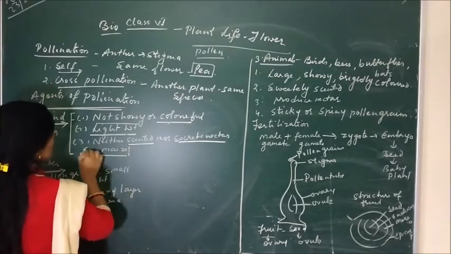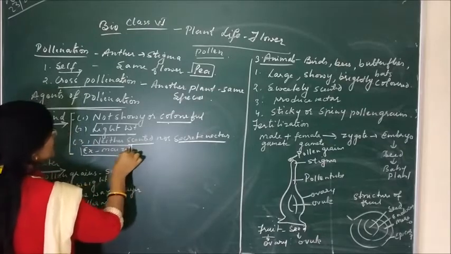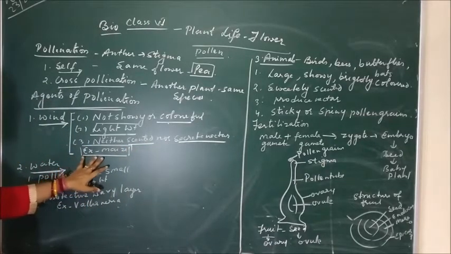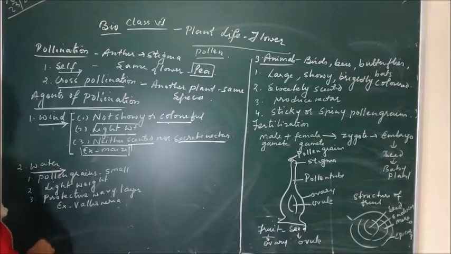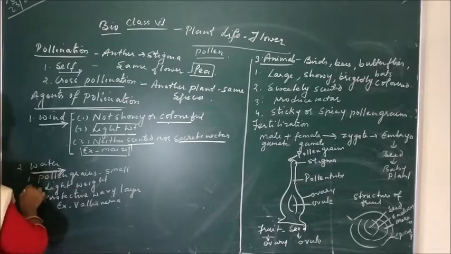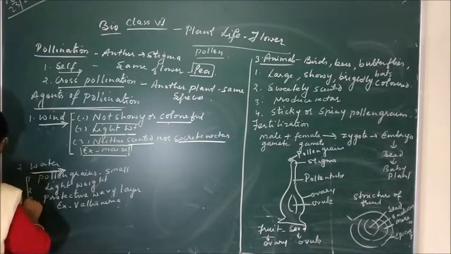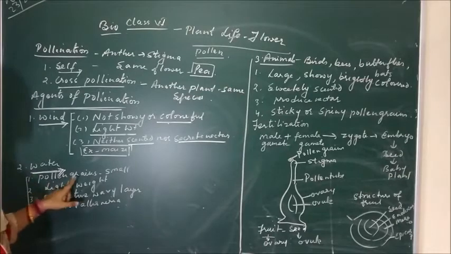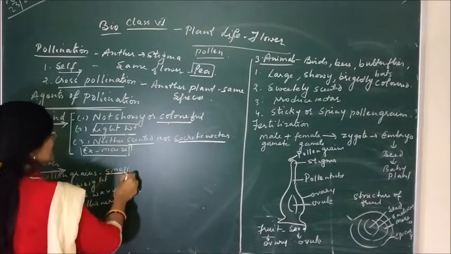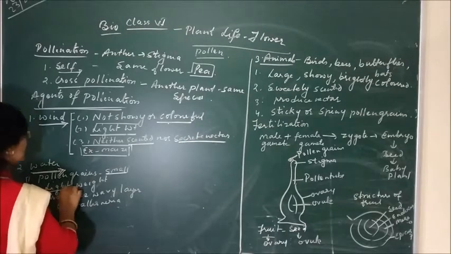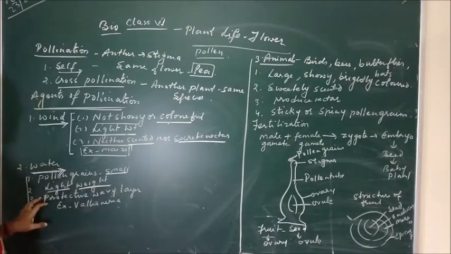In the maize plant the pollen grains are very light in nature, not showy or colorful. Next we will study how pollination takes place through water. The pollen grains pollinated through water should be small, so they can be easily carried by the water, and lightweight.